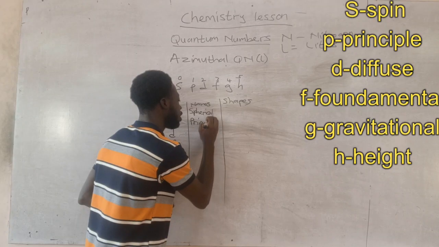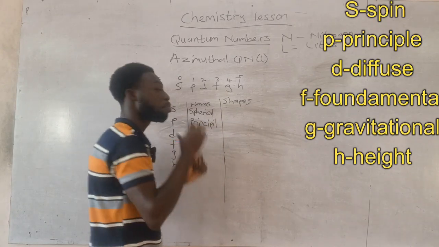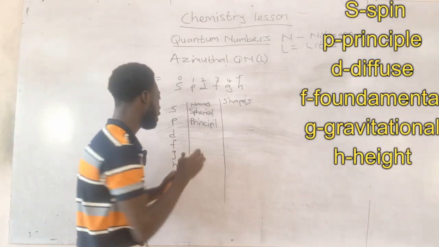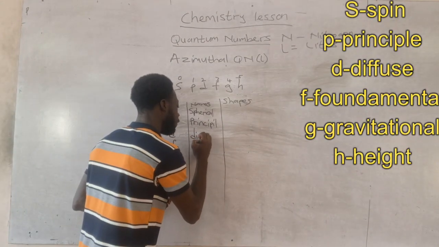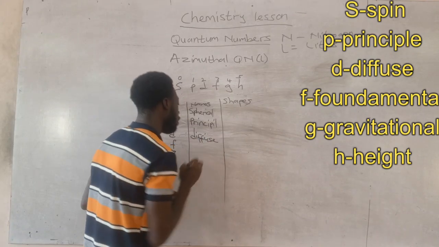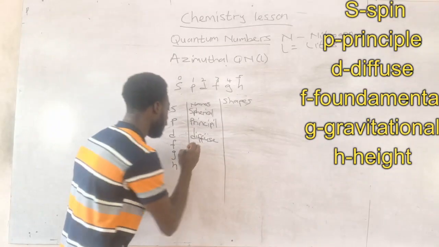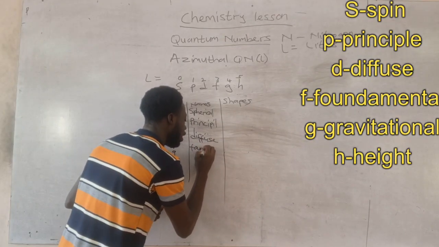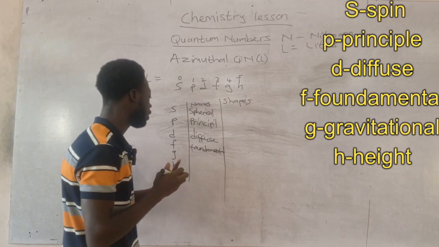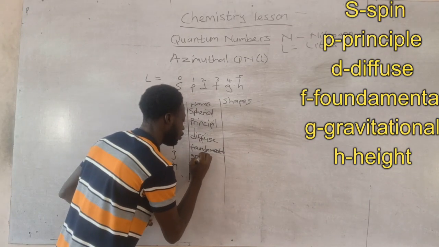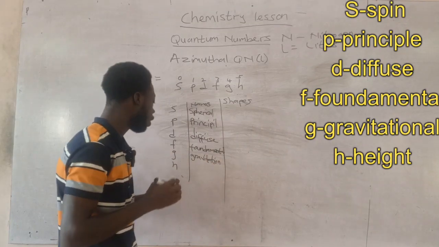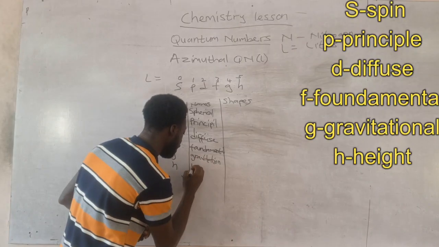The name for the d orbital is diffuse. The name for the f orbital is fundamental. The name for the g orbital is gravitational, and the name for the h orbital is height.